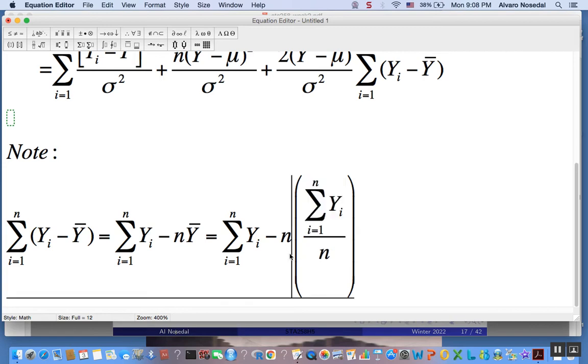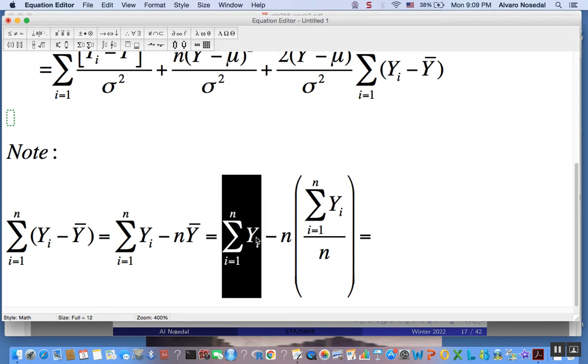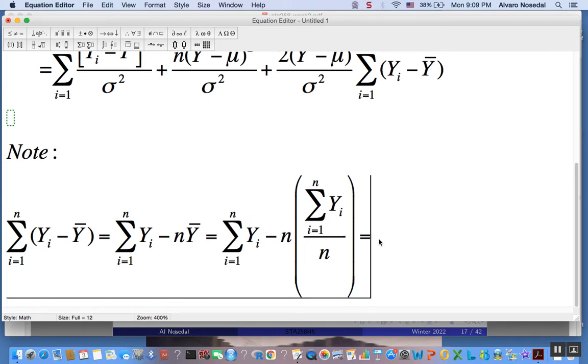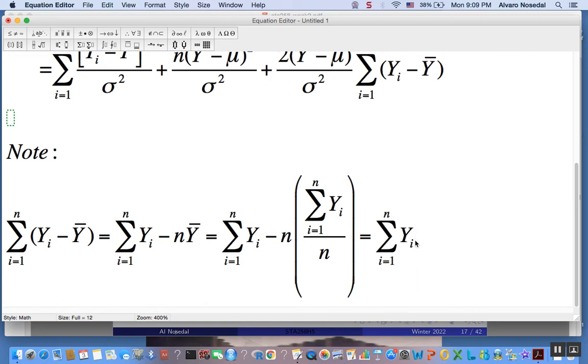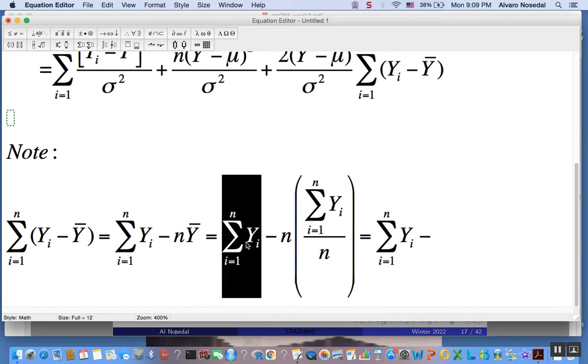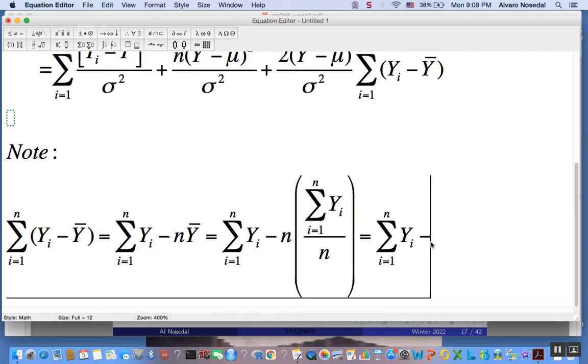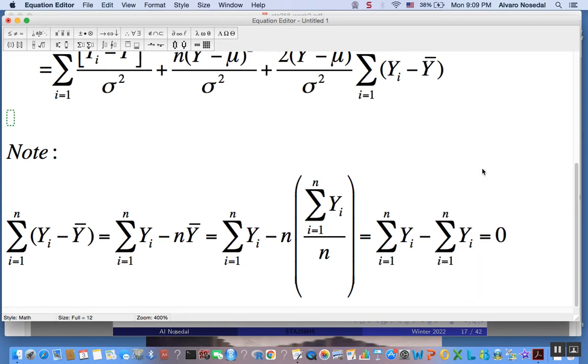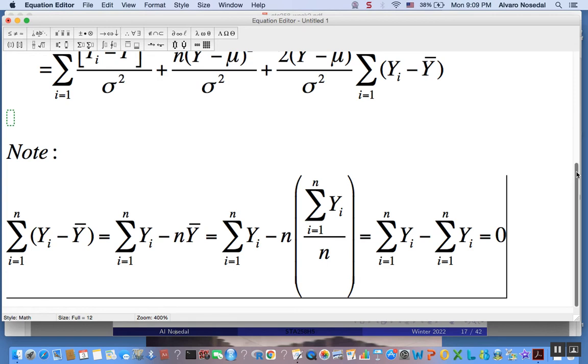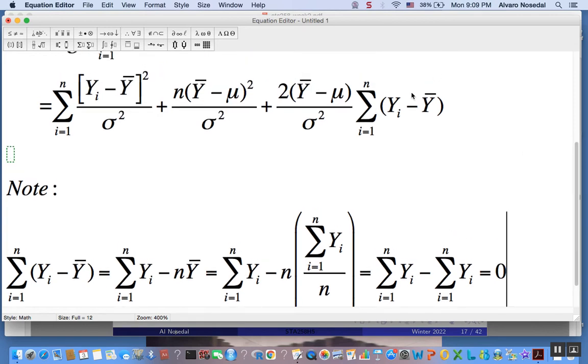So these n's cancel out, and what we have is the summation of yi minus the summation of yi, which is just a beautiful 0. Meaning that this guy disappears, so we are only left with these two terms.